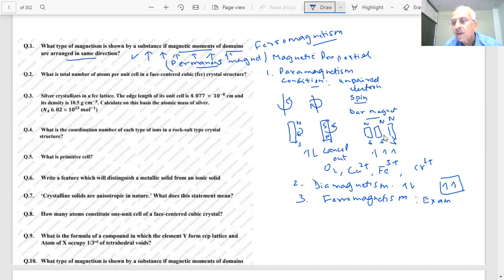Got my point? Examples are more important in the paper. They will give an example, therefore at least we should know the names which are given in our book. Clear? Okay. What is anti-ferromagnetism?